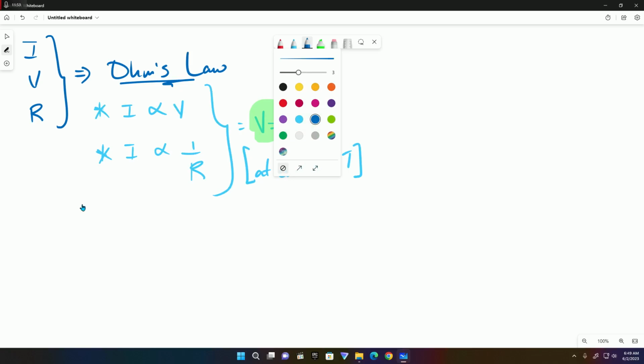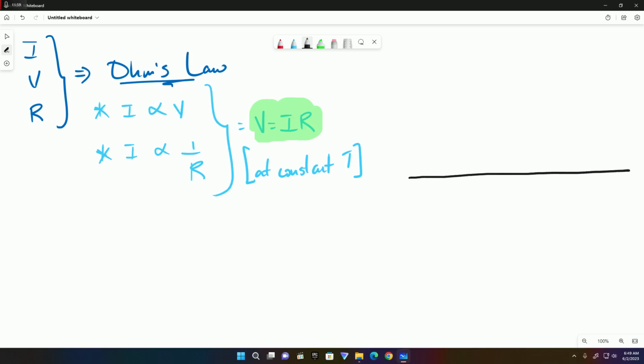Now, if we gather the values of current that flow through certain components at certain voltages, and we put them in a little table where we have current and voltage, you basically get a pair of coordinate values that you can plot.